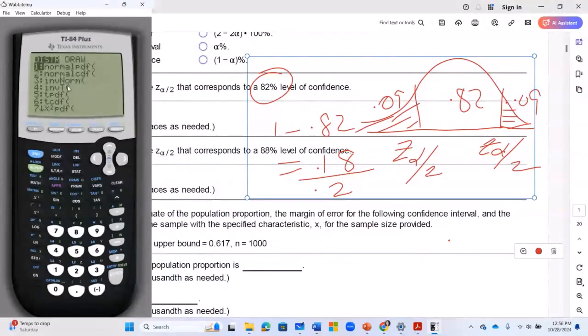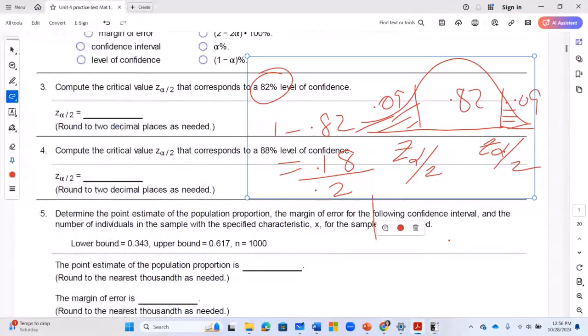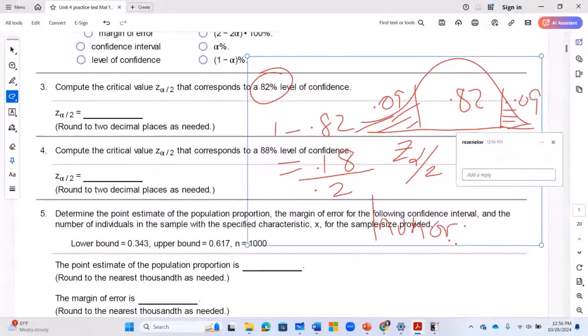Find the 9th percentile, the area to the left corresponding to the 9th percentile. So you write inverse norm, and we will write the 9th percentile, that is 0.09.